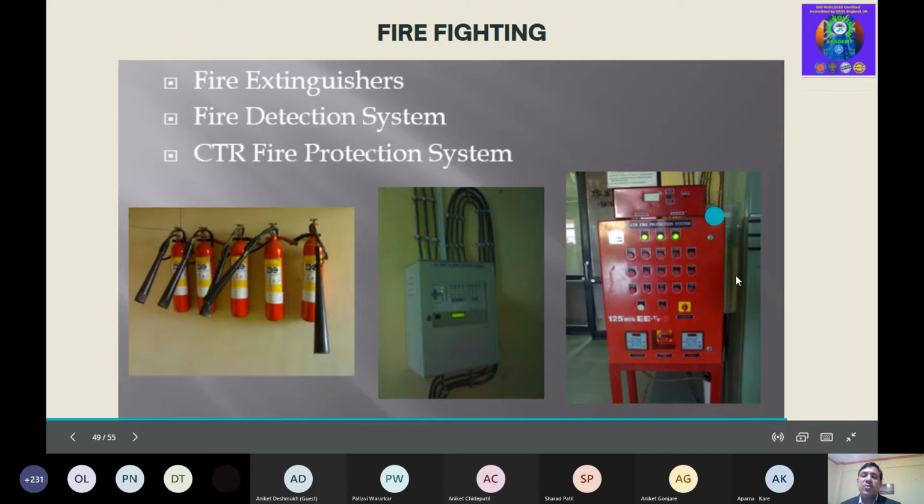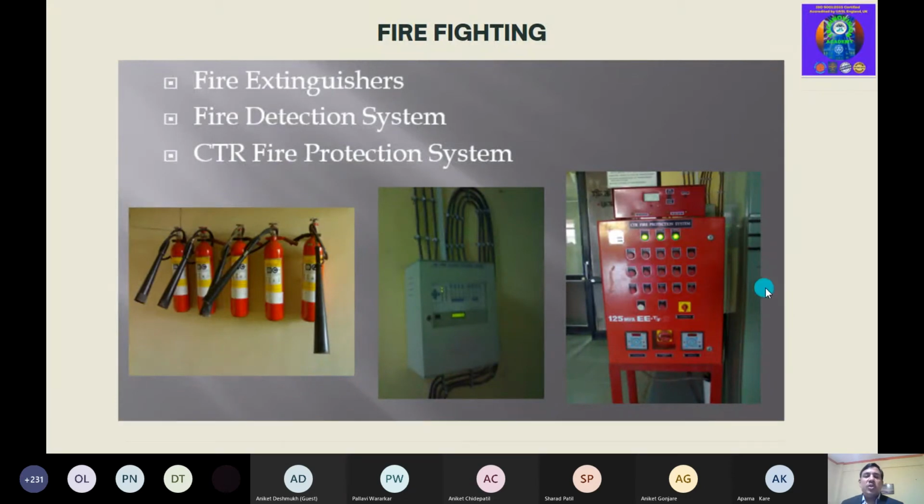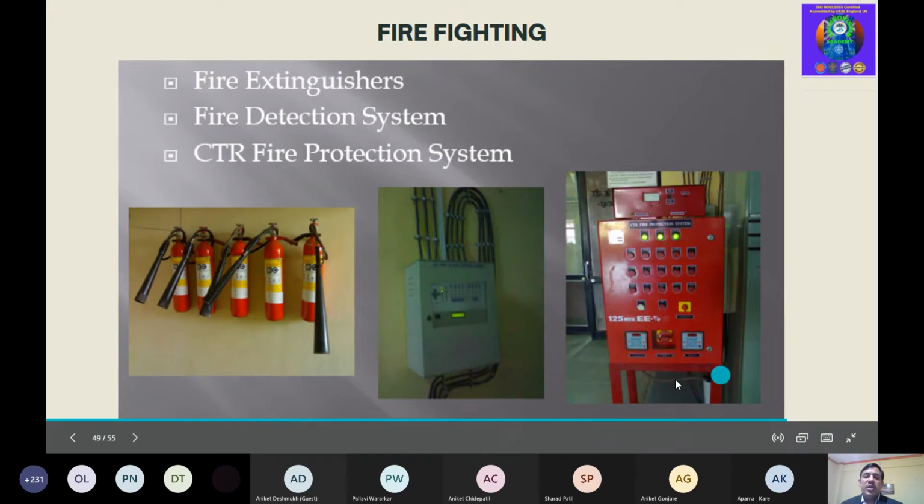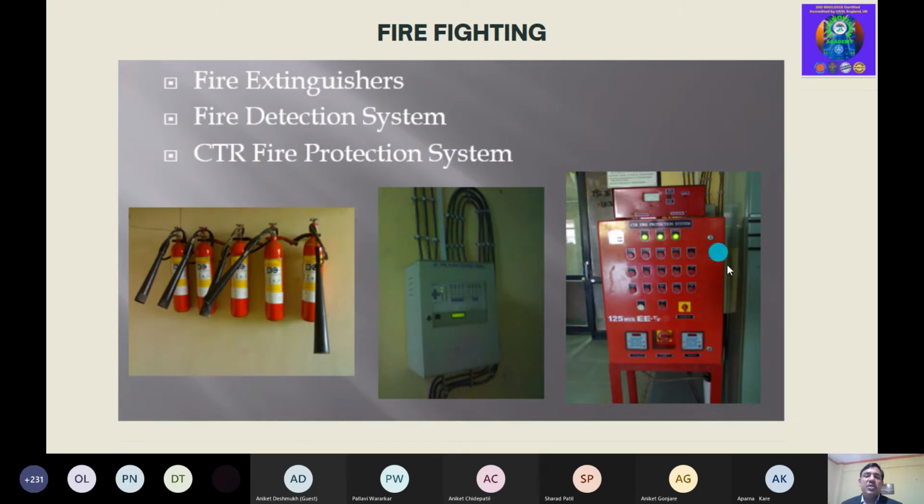Then for the transformers and reactors, we especially have a nitrogen injection system for the fire protection of these costly equipments. It is based on the operation of particular protections for the transformers. Whenever different protections operate, this system will operate.